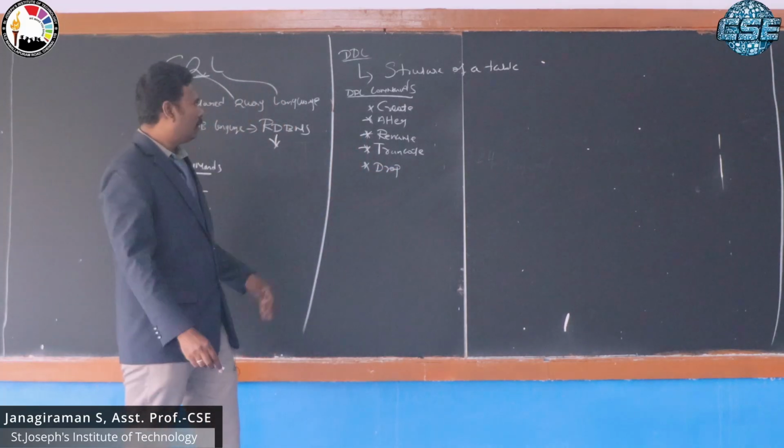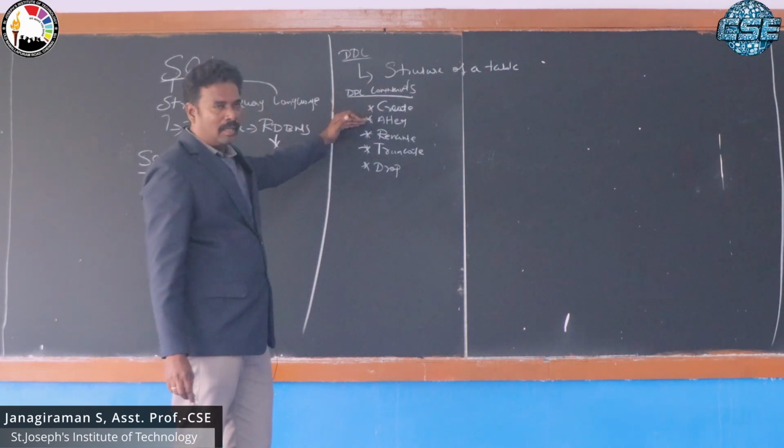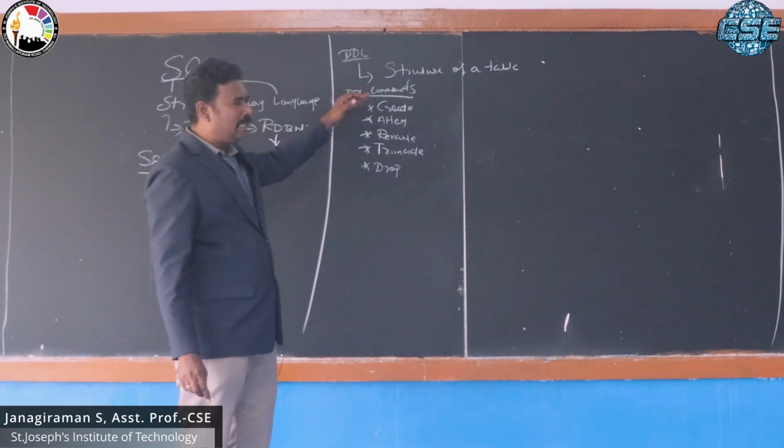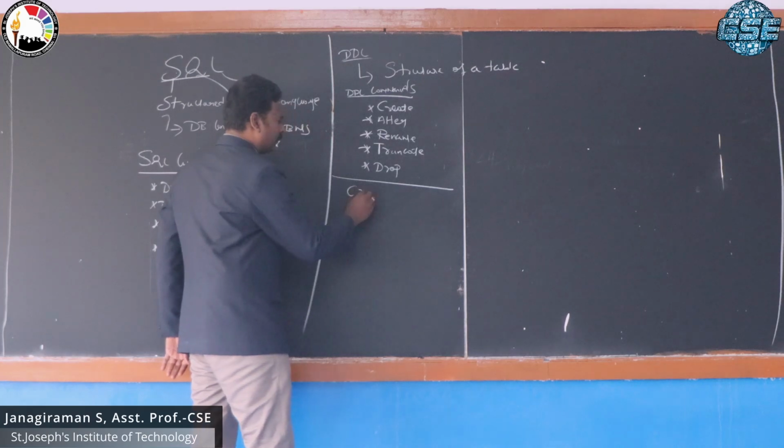I'll repeat again: these are the DDL commands: create, alter, rename, truncate, and drop. Let us see these commands one by one. Let us first see what create is.